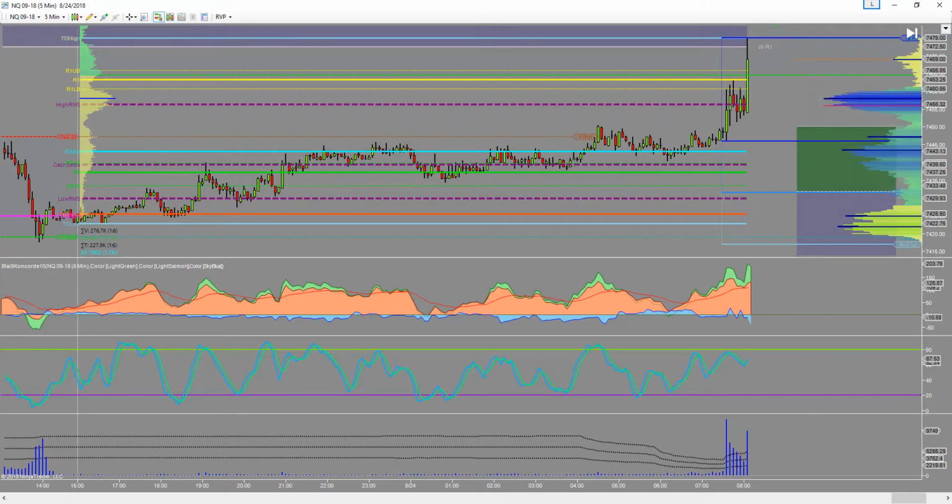That's the value area. It's right in the middle with two profiles, as we can say. I mean, we have this bell shape here and we have this one here, so we have a double distribution, and in reality it's a triple distribution because we have another one down here.